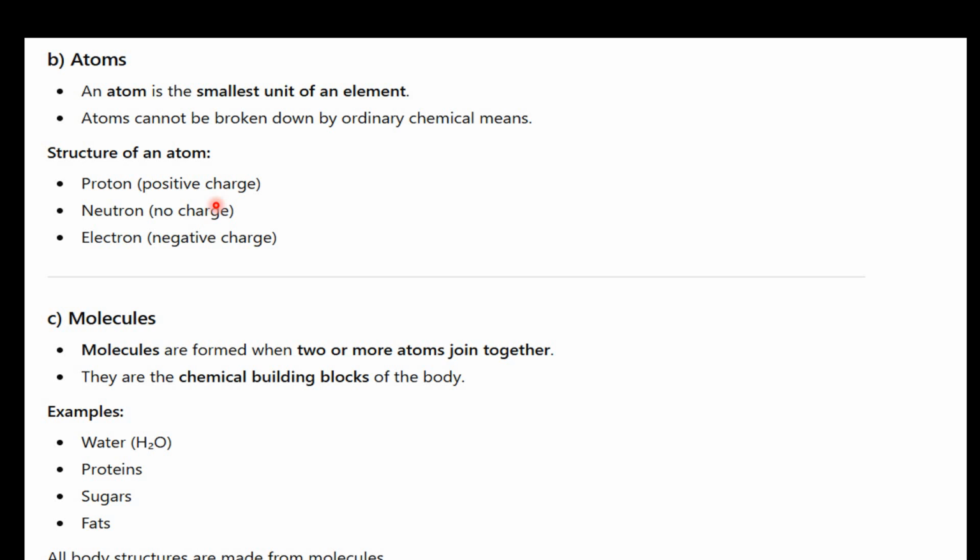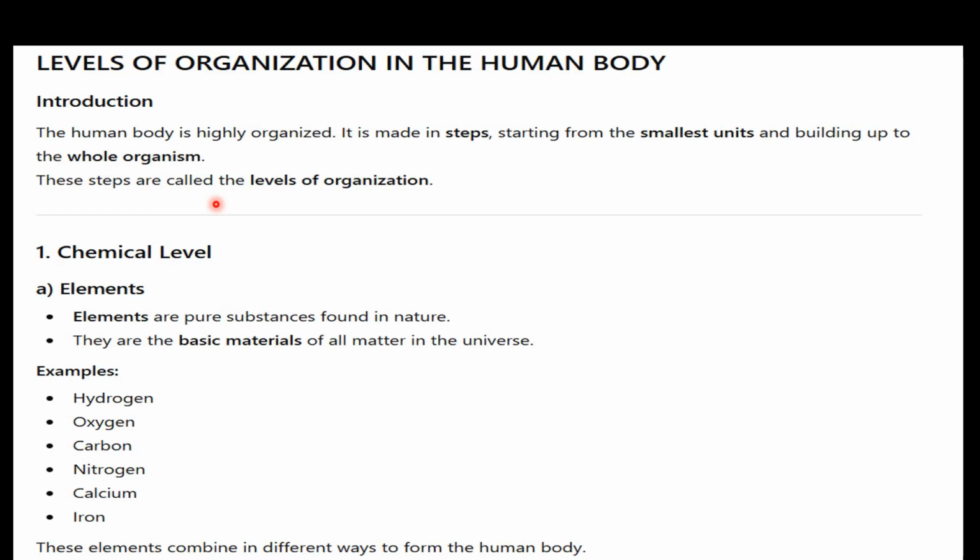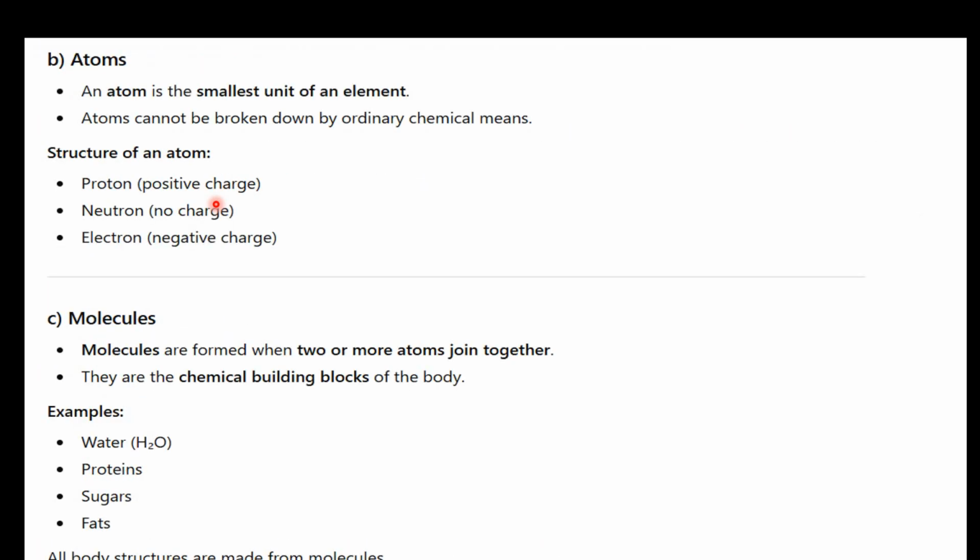After elements and atoms, we talk about molecules, because molecules are formed when two or more atoms join together. They are the chemical building blocks of the body.